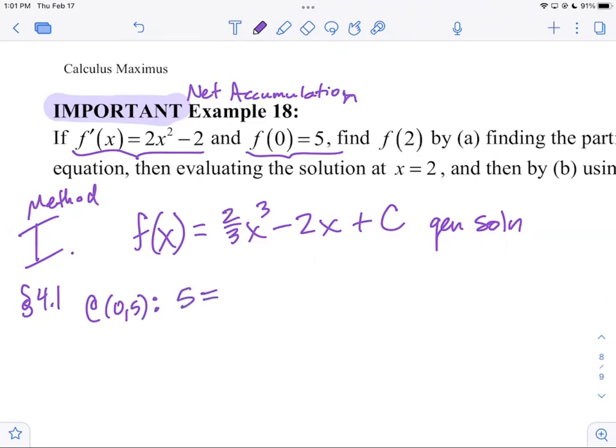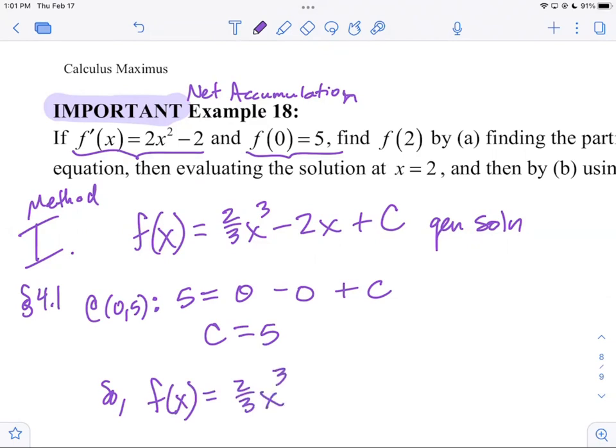We get 5 equals 0 minus 0 plus c. So c equals 5. And now uniquely, f of x must be 2/3 x cubed minus 2x plus 5. This is what we call the particular solution.